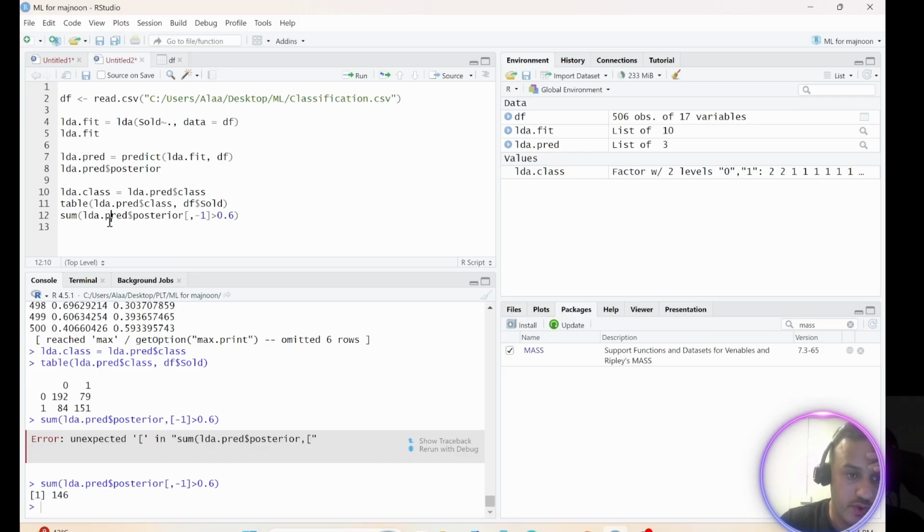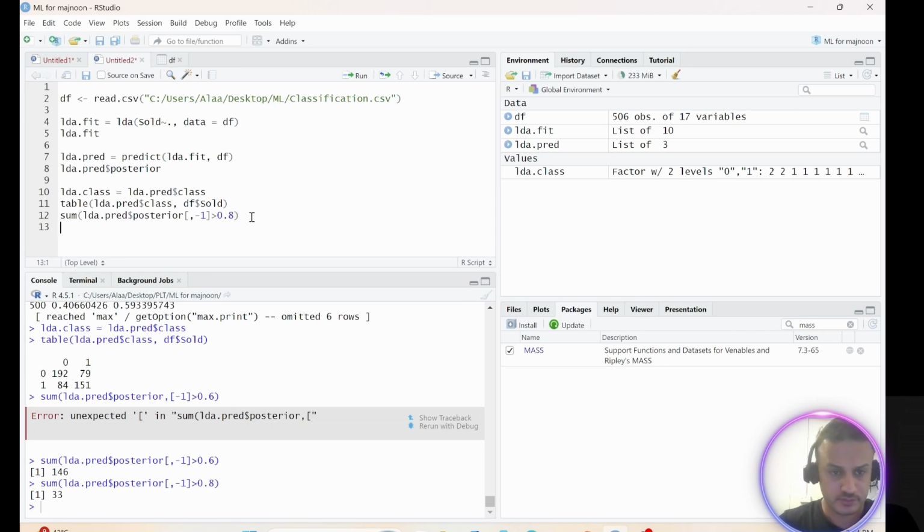So if you need to find the posteriors that have more than 0.6 value, for example, or more than 0.8 value, we keep this as minus 1. This is the posteriors we have for the group. With minus 1, we remove the posteriors that are equal to 0. We keep only the posteriors that have the positive number, that is 1.